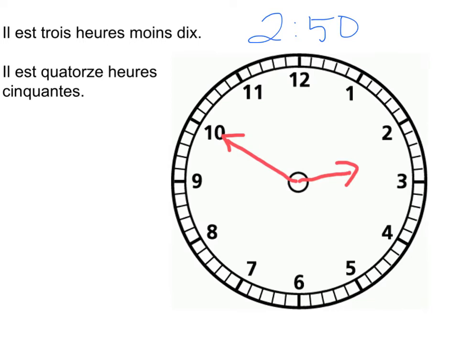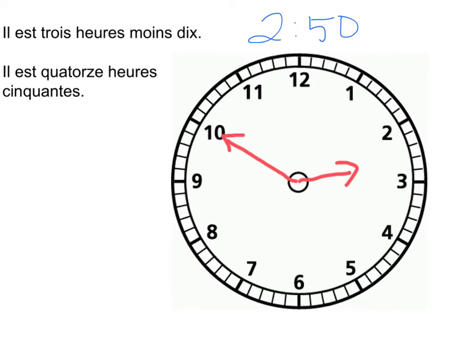In French, for l'heure courante, so not 24-hour clock, they're going to subtract from the hour. So they're going to round up to the top of the hour. So if it's 2 o'clock, they're going to say 3, and they're going to say minus 10. Okay? In the US, we say it is 10 till 3 o'clock. Same thing. Okay? They just say 3 o'clock minus 10. Still means 2:50.